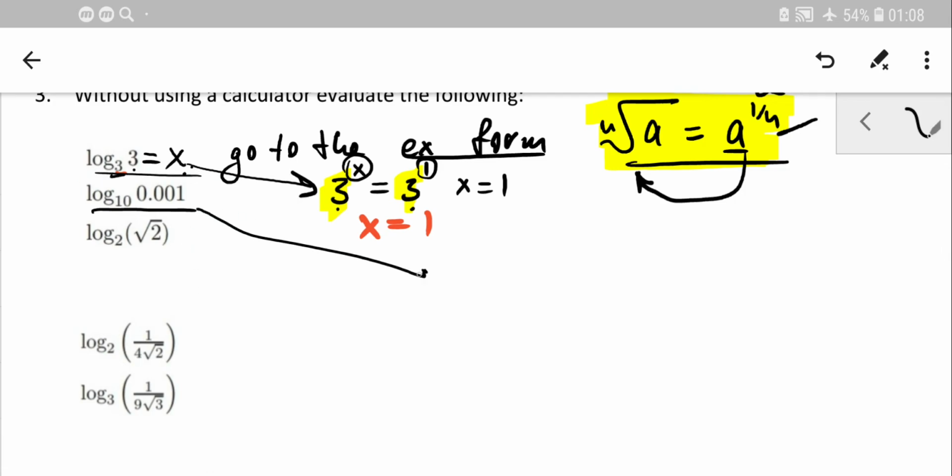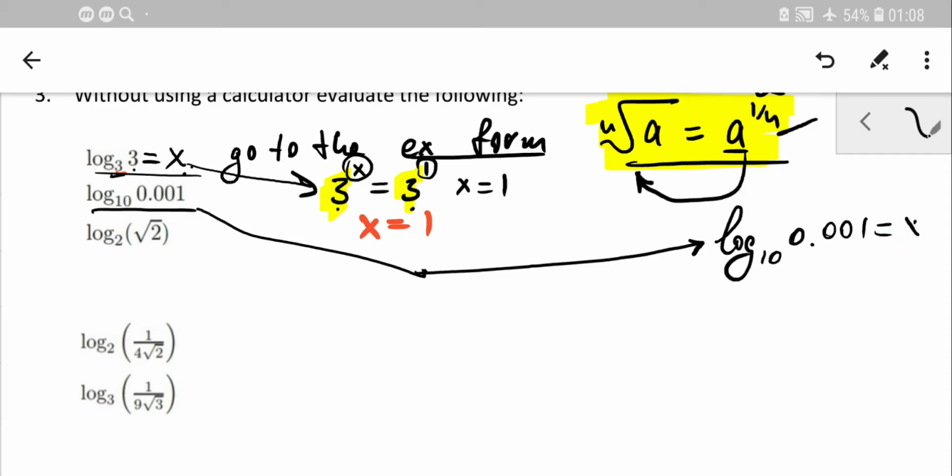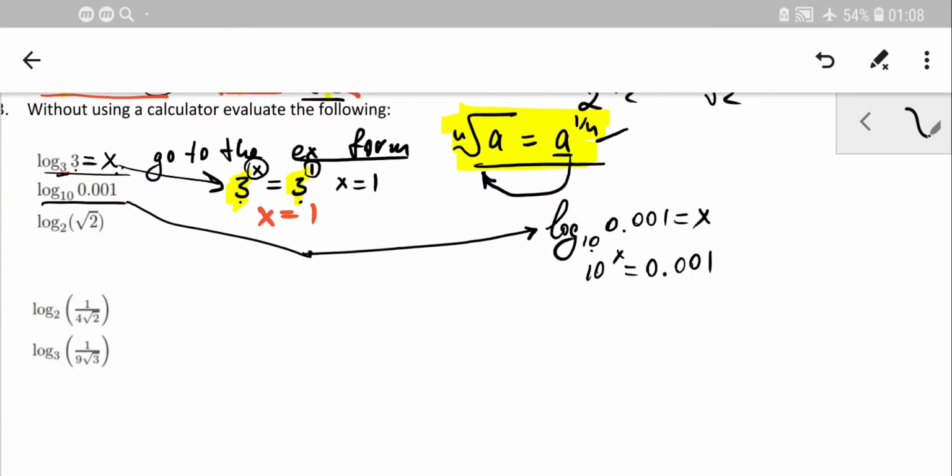So let's move there. We have log base 10 of 0.001. Let's say it's equal to x. What we're gonna do, we need to take 10 as the base, raise to the power of x, and that's how we can get 0.001. All right, right now we have sort of different bases, 10 and something like a decimal, okay?